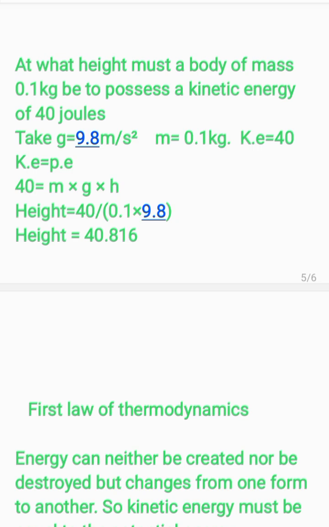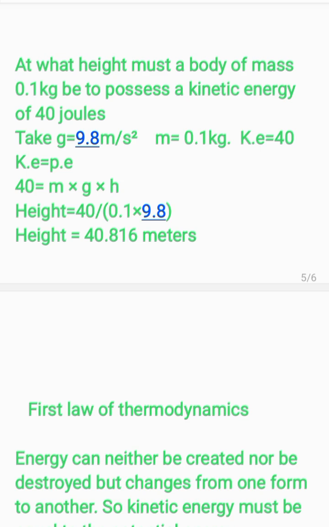Therefore, the height that the body must be is equal to 40 divided by mass times acceleration due to gravity, which is 40 divided by 0.1 times 9.8. After plugging these values into my calculator, the height is 40.816 meters. 40.816 meters is the height the body must be to possess a kinetic energy of 40 joules with 0.1 kilogram of mass.